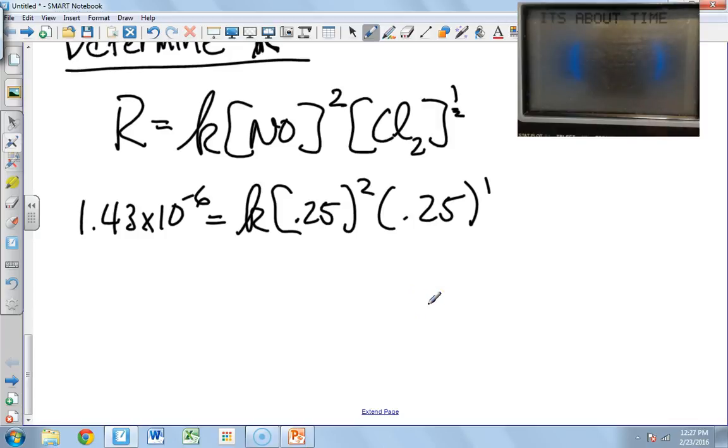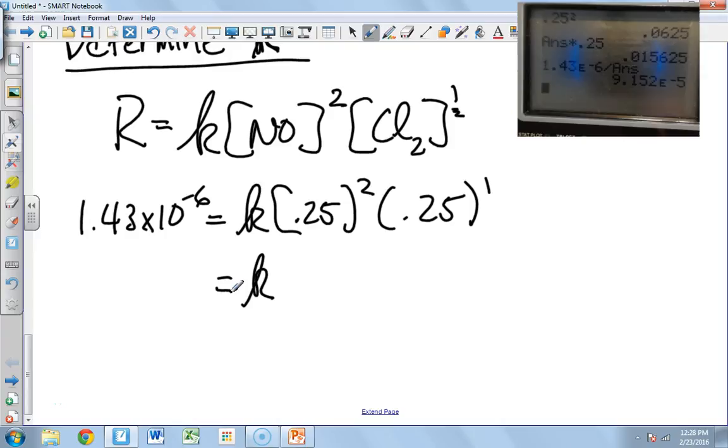Okay, so now we just have to solve for K. So 0.25 squared times 0.25, and then 1.43 times 10 to the negative 6 divided by that answer. So we get K equal to 9.15 times 10 to the minus 5.